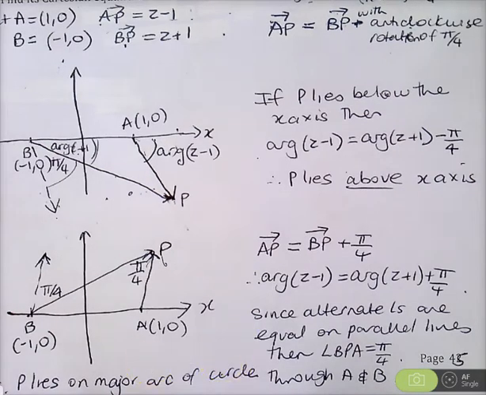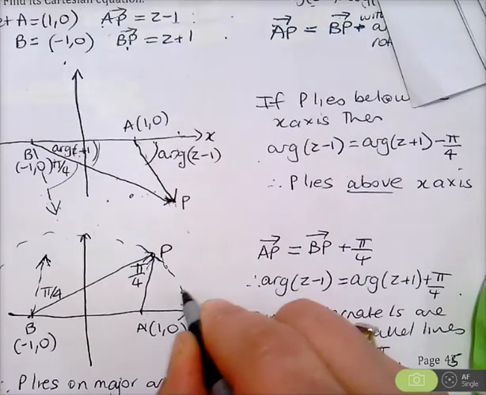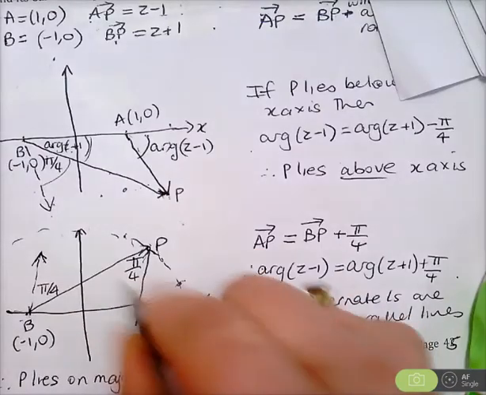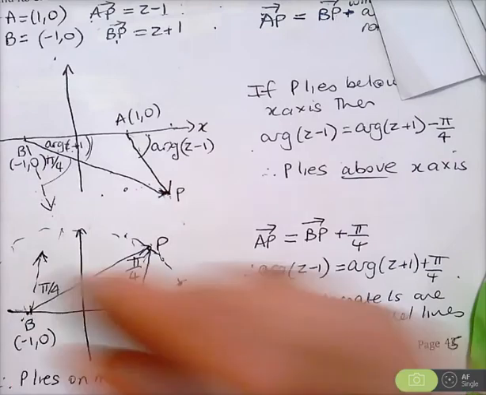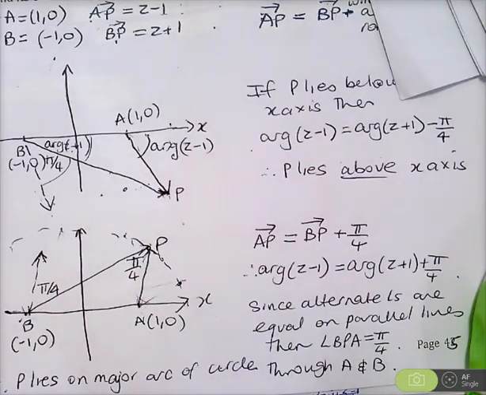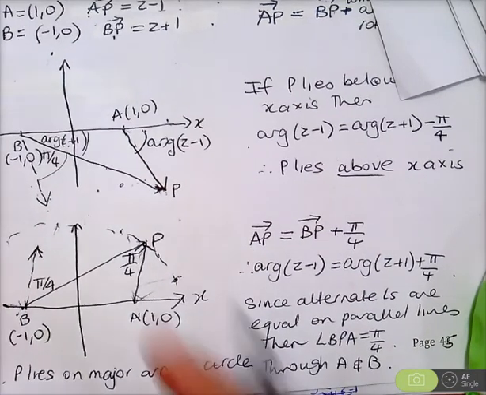I don't know about that. One sec. Because P could be, say, here. P could be there. P could be there. P could be there. And these are angles at the circumference. I know my thing doesn't look like a circle, all right? Angles at the circumference subtended by the same arc are equal. So therefore, P lies there.